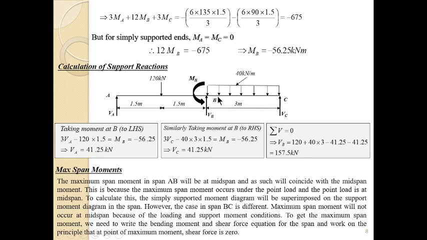So we have an anticlockwise moment here of 56.25 kilonewton meter. In this method we use the basic definition of bending moment. What is bending moment? Bending moment is the algebraic sum of the moments of all the forces either to the left or to the right of a section.